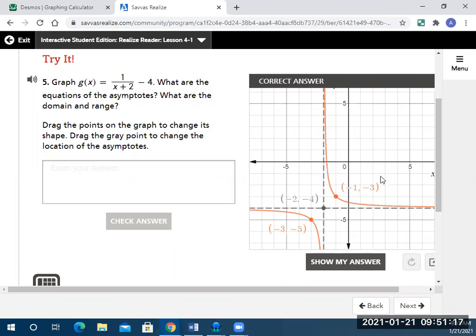And what is our horizontal asymptote? Yep, Y equals -4, right? Because our graph and our asymptote shifted down 4 units. So our new horizontal asymptote is Y equals -4. Right? Everyone understands that? Our asymptote is the line that guides our end behaviors.